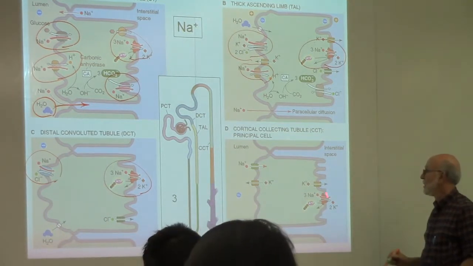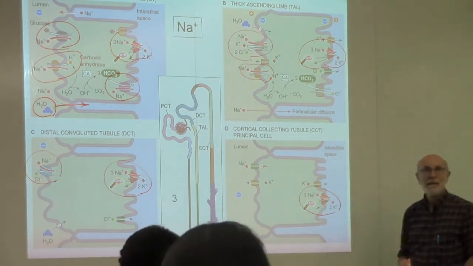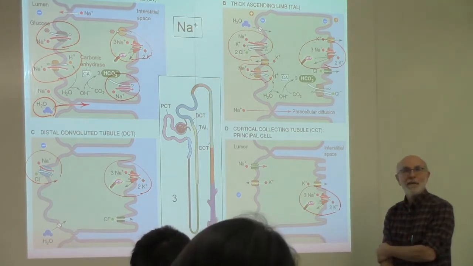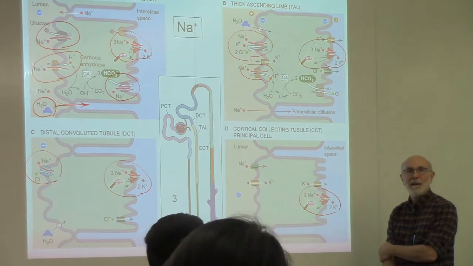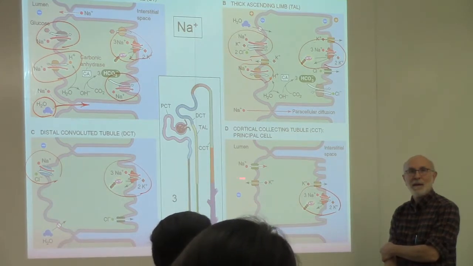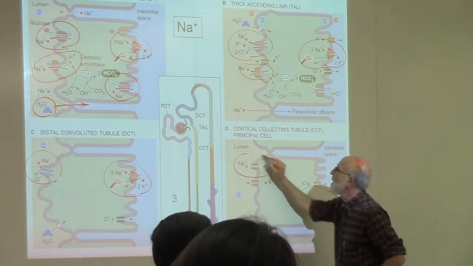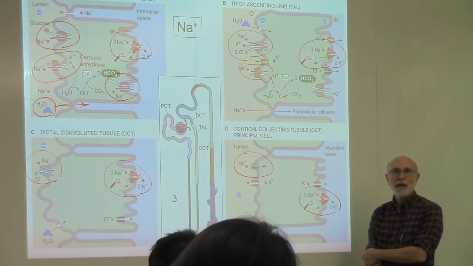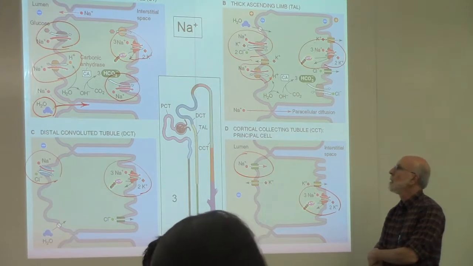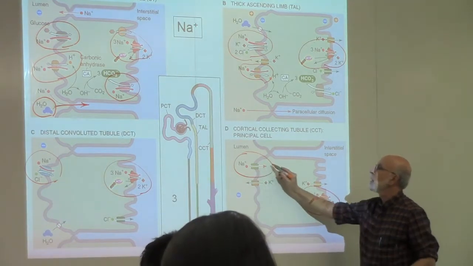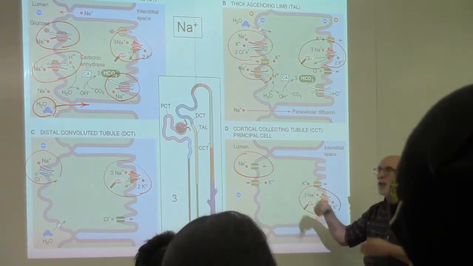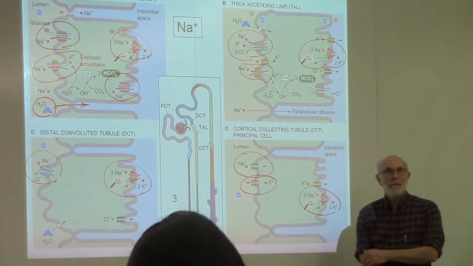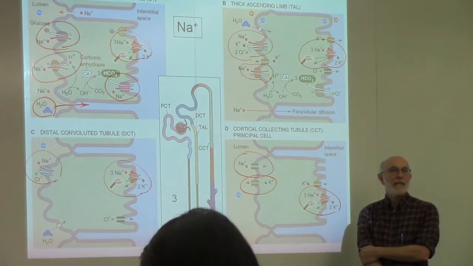It's the sodium potassium ATPase which creates the sodium gradient. Then sodium can flow down its concentration gradient through ENaC, the epithelial sodium channel, and as a result we have a pseudo exchange with the epithelial potassium channel.